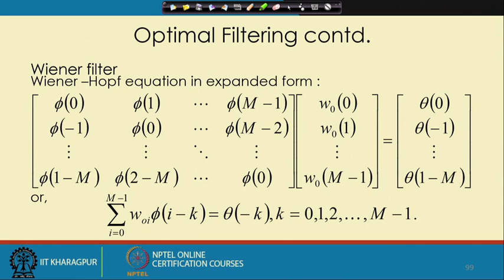One of the most popular ways is in terms of matrices and vectors, which is what we have given: the autocorrelation matrix multiplied by the tap weights, and on the right hand side we get the cross correlation vector. Okay. And for simplicity's sake you can write it in terms of m minus 1 and 1 minus m, these two terms are the same. So, we can replace it in that way also.